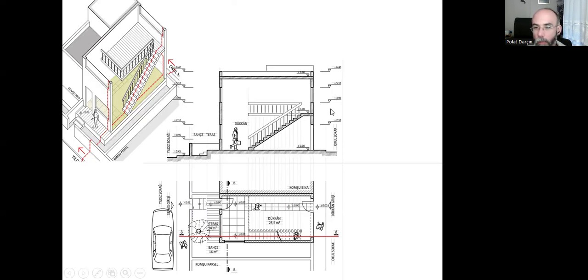I need to put level marks: the upper part of this window, lower part of the window sill, upper part, again, the upper side of the floor, ground floor, 0, 0, upper side of the first floor, upper side of the flat roof. So the section and the floors.